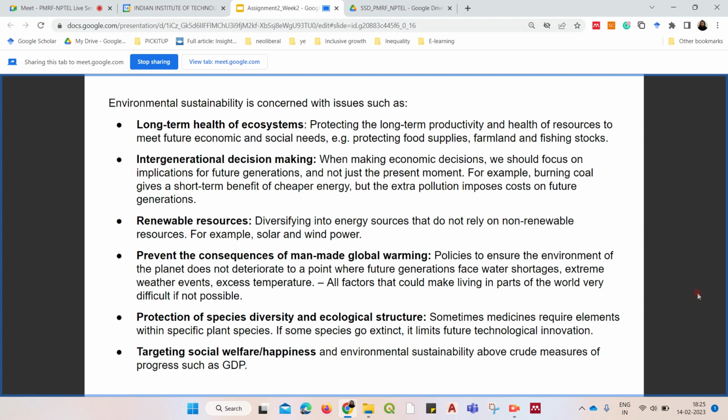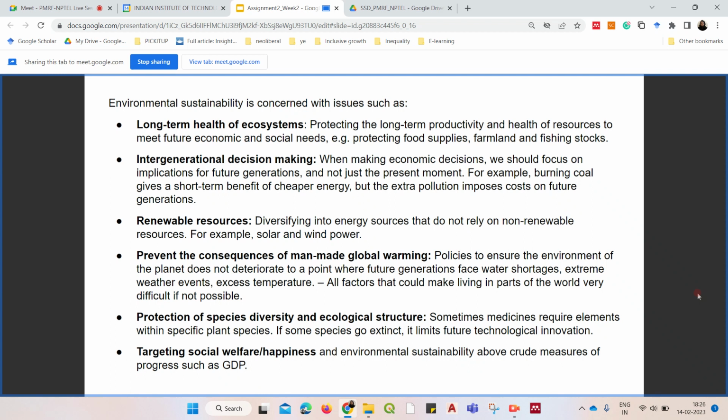So in the end, we are releasing an end product into the environment which is affecting the environment poorly. So that again is not an example of pollution, but it is an example of how we are putting out waste or end products into the environment, which is having complex effects on our atmosphere, and then creating global warming. Then there can be things like protecting species diversity and ecological structure.